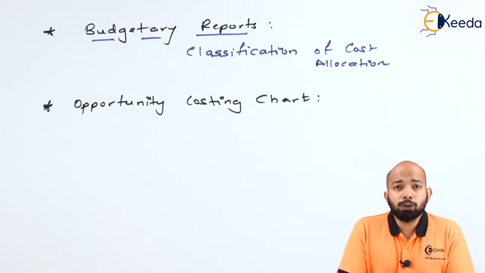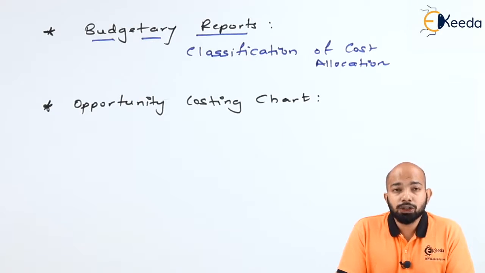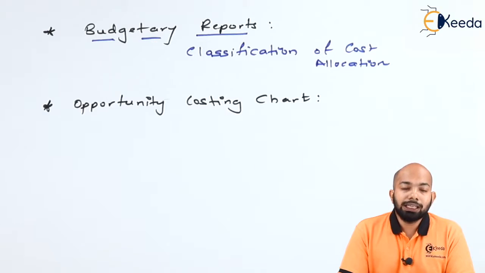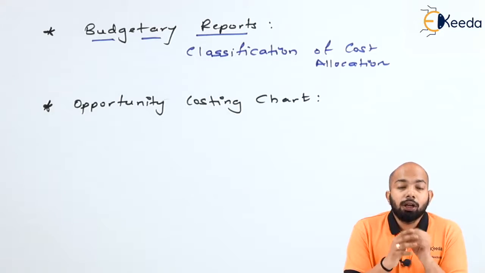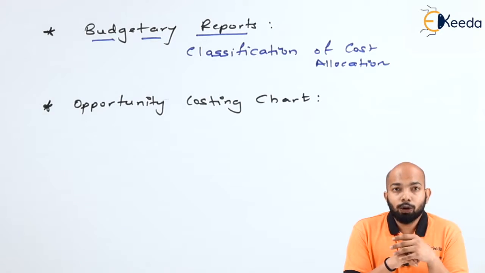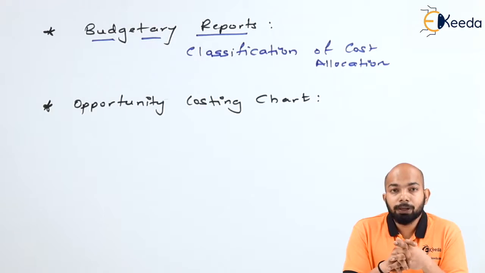The next report that we are talking about is the budgetary report. This specifically tells you about the classification of allocations of cost. Any kind of fund or cash flow that is being allocated towards every department gives you certain details about what is the expense, what is the income, what is the revenue generated, and whether these departments are non-performing departments, revenue generating or non-revenue generating departments.